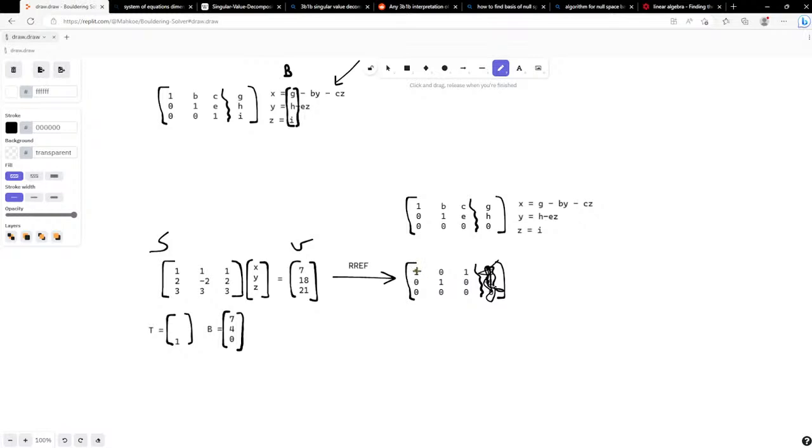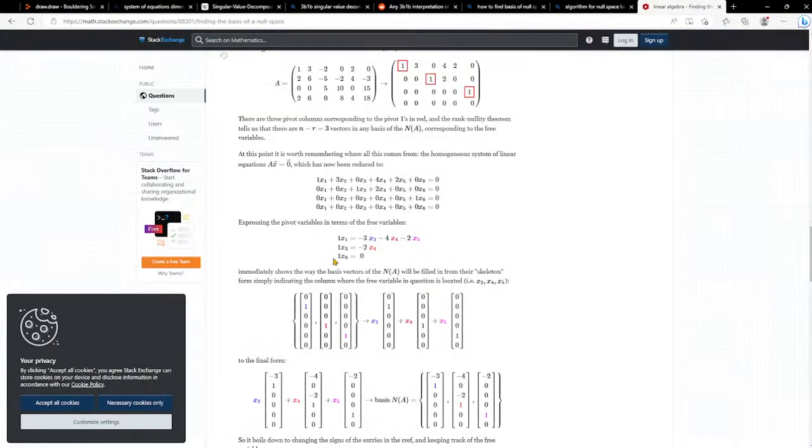I get 1x1 is equal to negative x3, and 1x2 is equal to x2. Oh no, 1x2 is equal to 0?